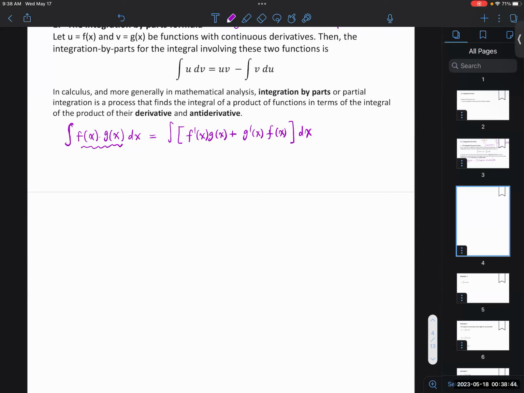So what I'm going to do is the distributive property. I'm going to separate them. So the integral of f of x times g of x is equal to the integral of f prime x g of x dx plus, I'm just using the distributive property, so separate them.